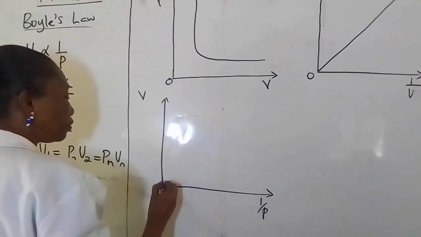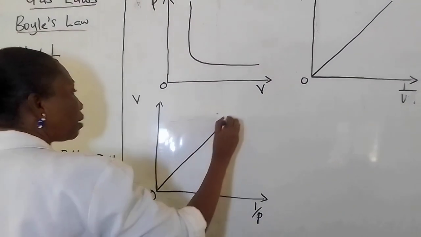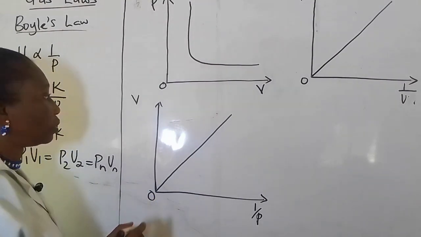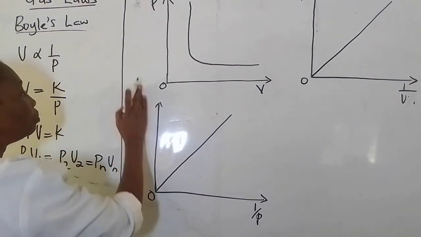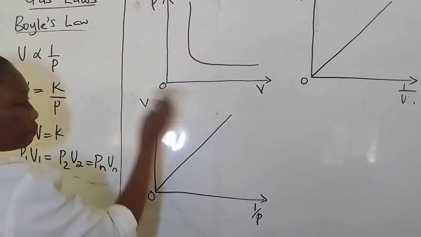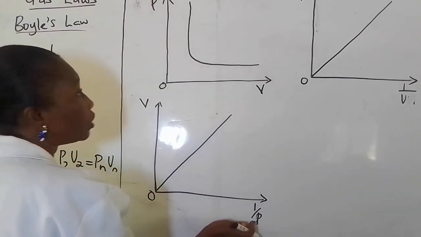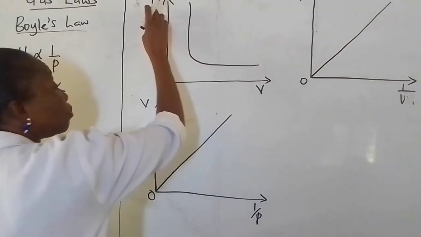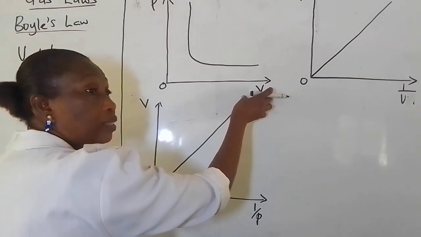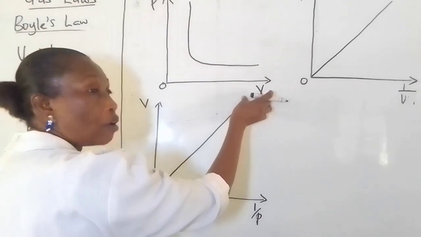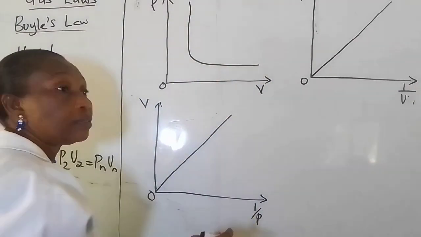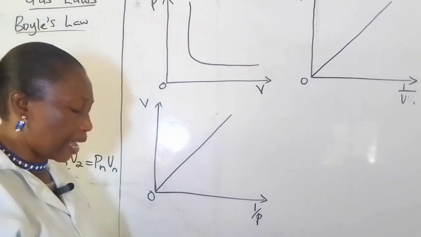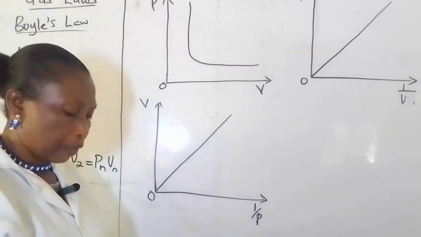We'll also have a straight line graph, a straight line from the origin, telling you that the volume is inversely proportional to the pressure. But when we have the pressure being plotted against the volume, not the inverse of the volume, we have a curve like this.